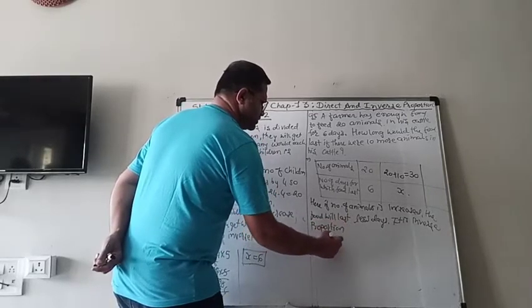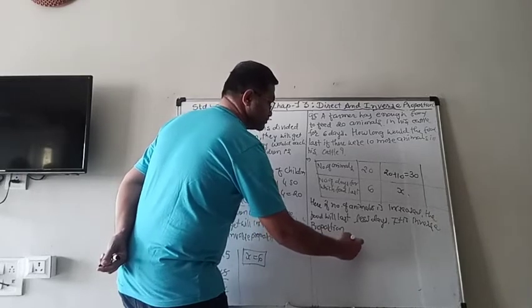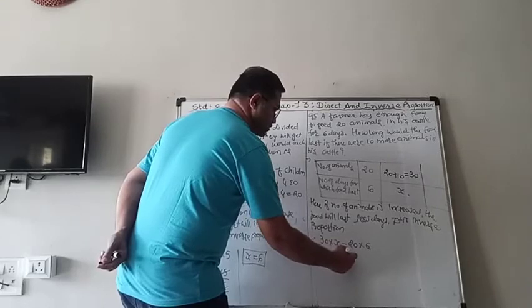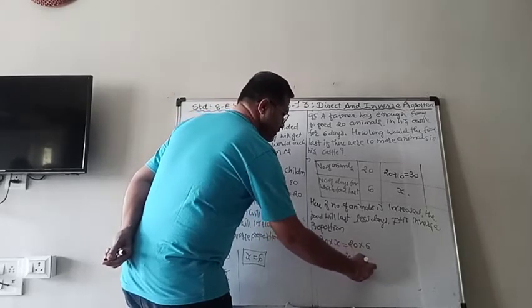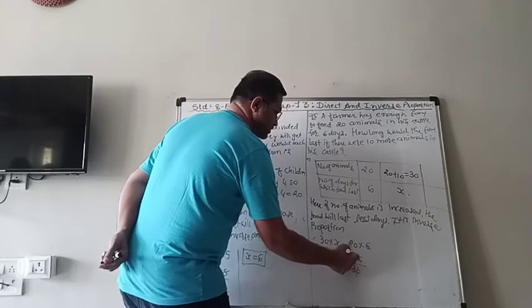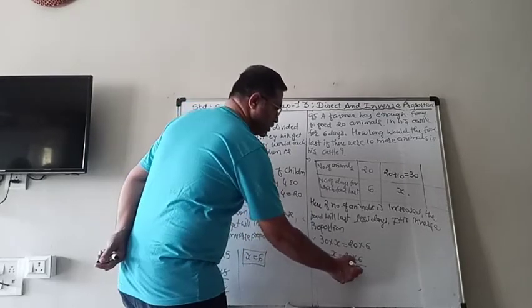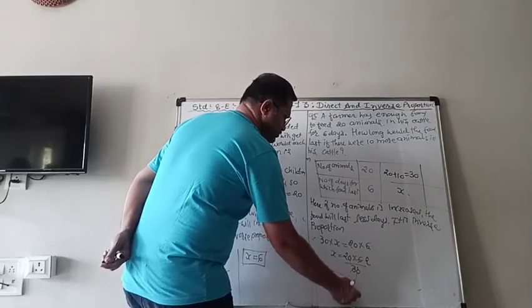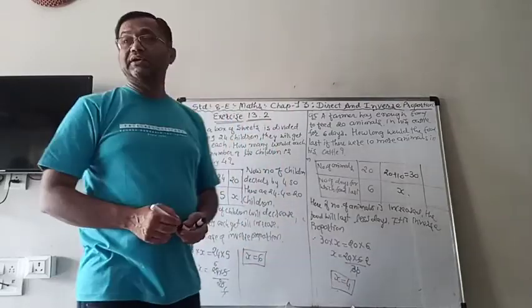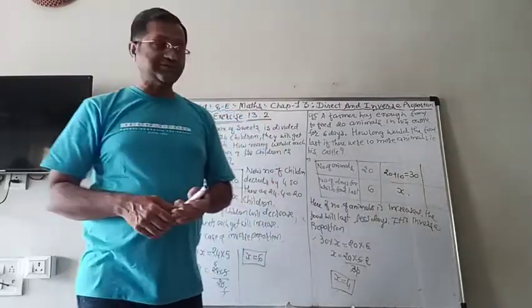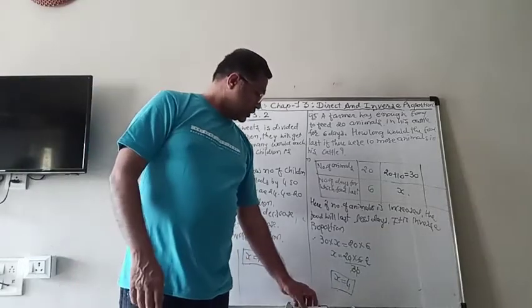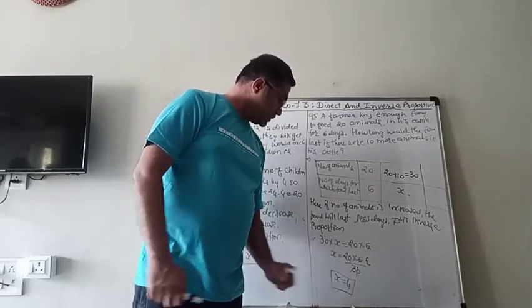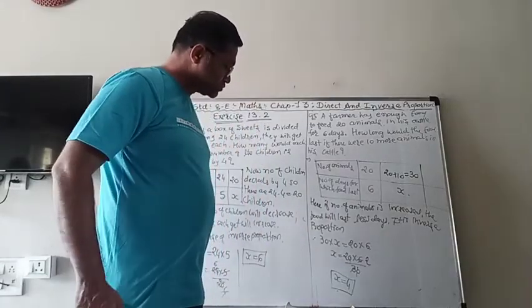So 30 multiplied by x equals 20 multiplied by 6. So x is equal to 20 multiplied by 6 by 30. 3 2s are 6, 2 2s are 4. So that food will last only for 4 days. So here you can find easily.